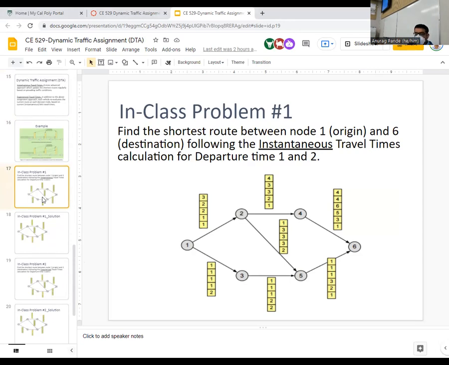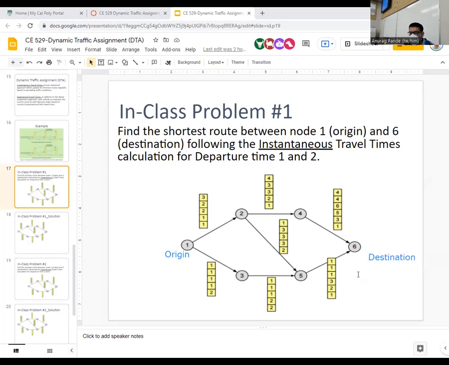Okay, so now instead of having a simple linear network, you have some connections here that go from node 1 to 2 and 3, and then 4, 5, and 6. And here I'm telling you that this point is my origin point, and then this right here is the destination.